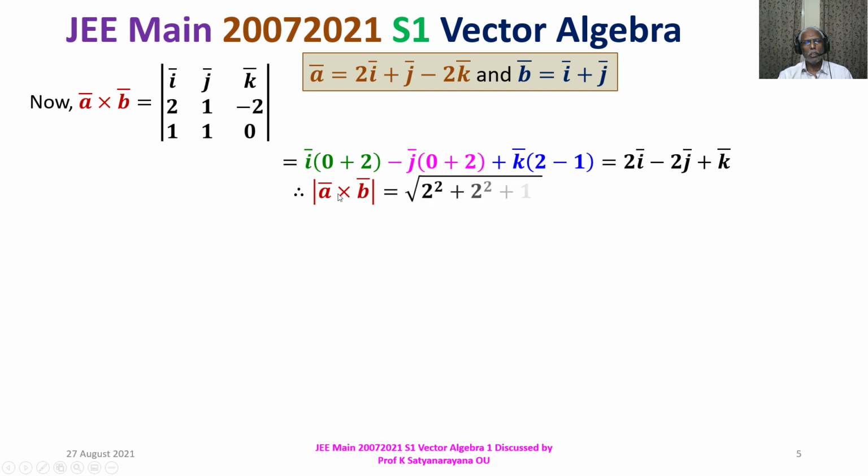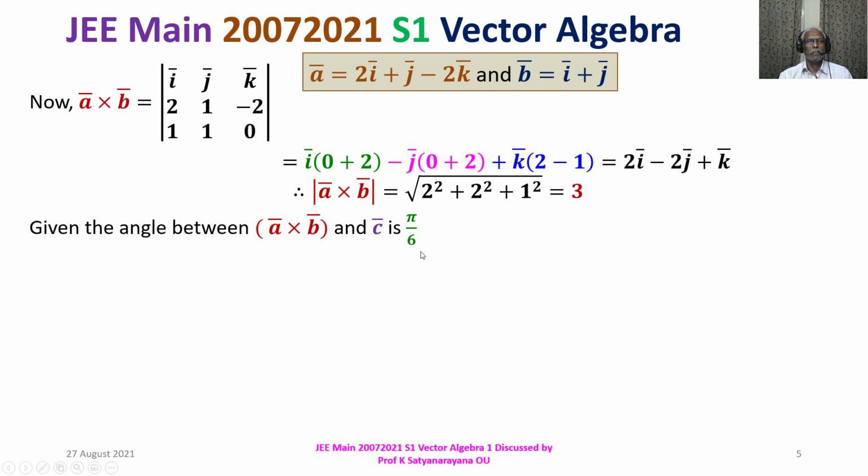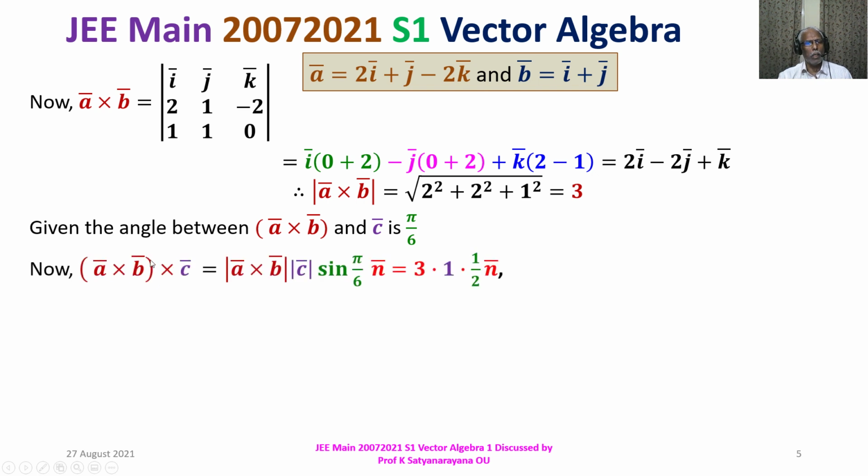So the modulus of A bar cross B bar will be under the square root of 2 square plus minus 2 square plus 1 square, that is equal to 9. Under the square root of 9 is equal to 3. Given the angle between A bar cross B bar and C bar is pi by 6. Now take the cross product of these two. So that will be now A bar cross B bar in brackets cross C bar.